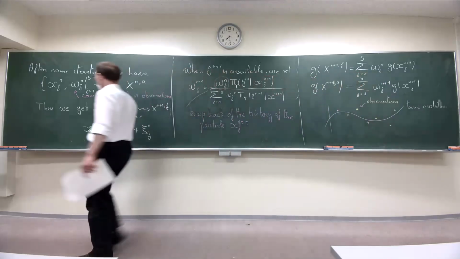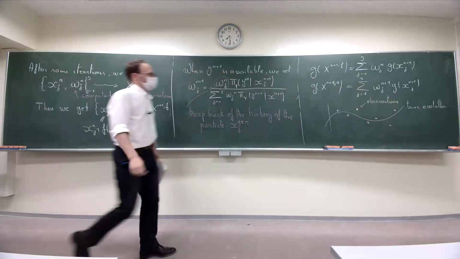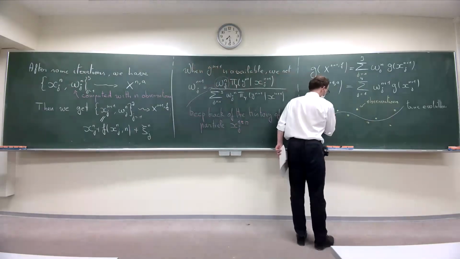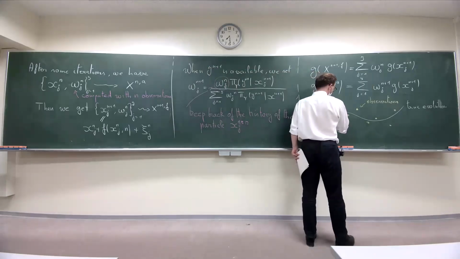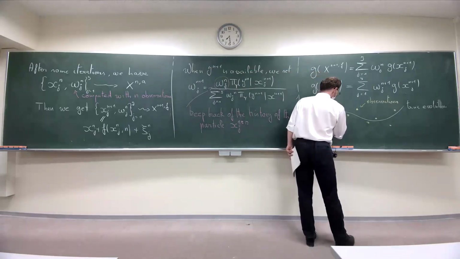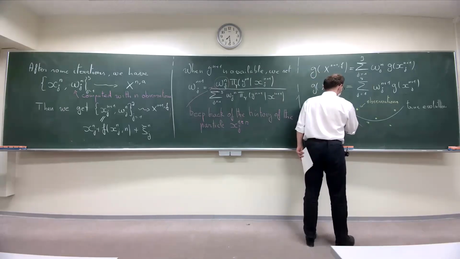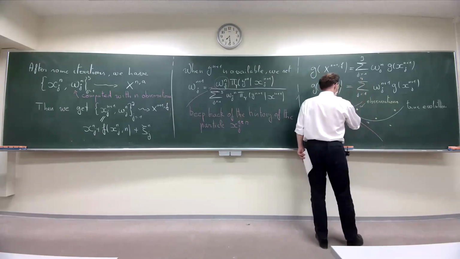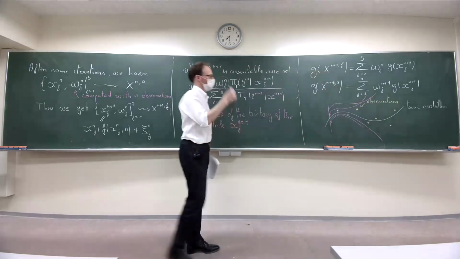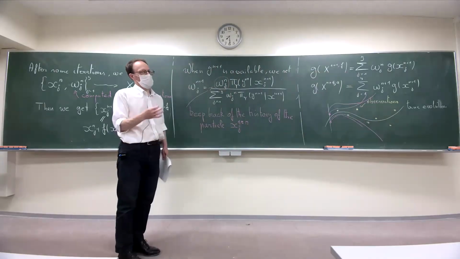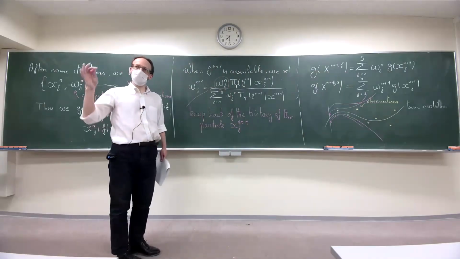And I have different particles. So I started with an initial condition. I let it evolve with the system. And I do this for many initial conditions. They can cross because they live in a space of higher dimension. This is a projection.